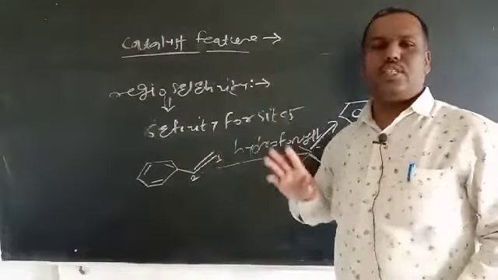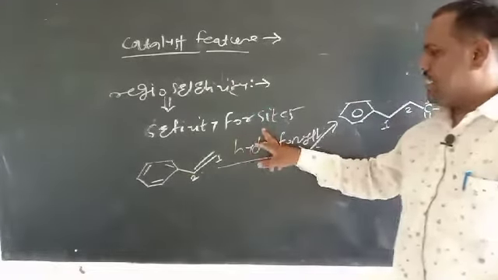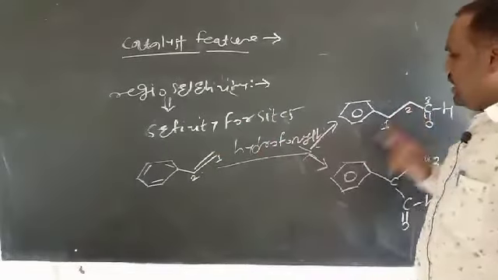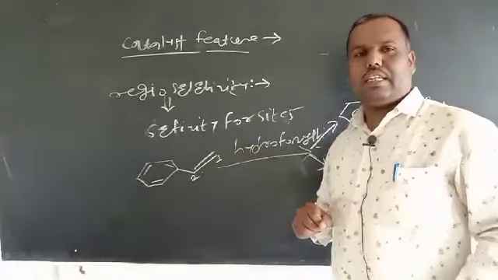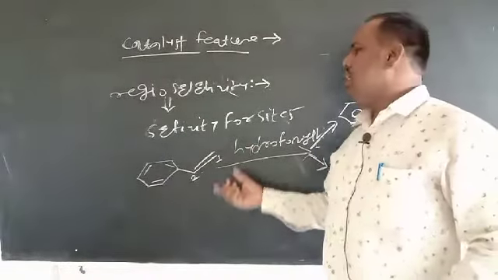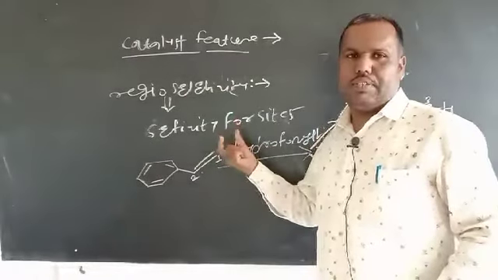This is called regioselectivity, selectivity for sites. In presence of dicobalt octacarbonyl, we get linear aldehyde as a major product. In presence of rhodium as a catalyst, we get branched aldehyde as a major product. It is known as regioselectivity.